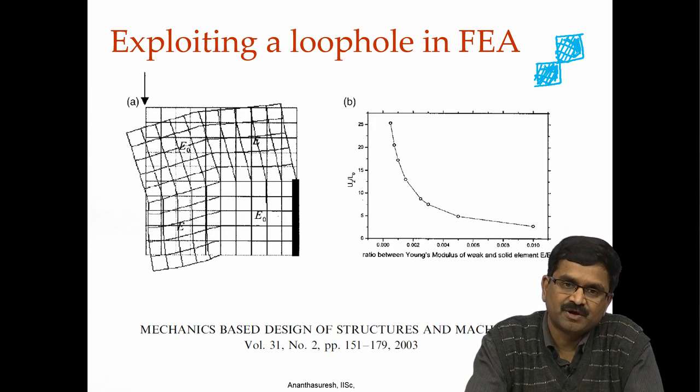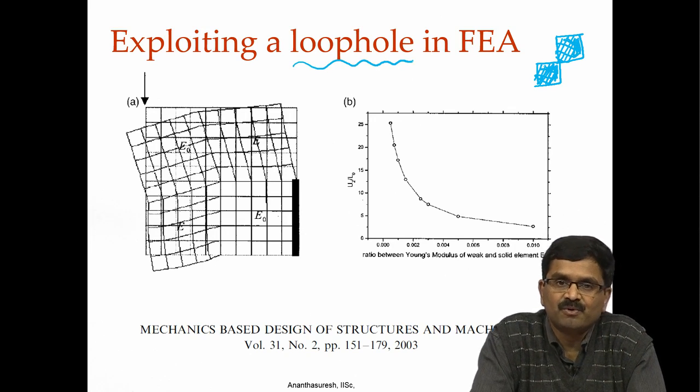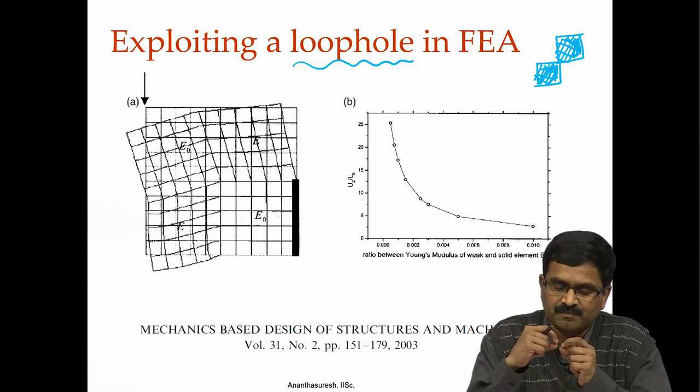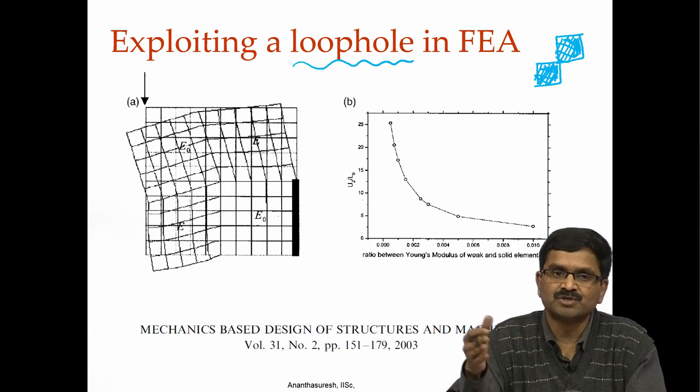Actually, it does not have any problem. It runs happily, but gives something that is not desirable. It is a loophole in finite element analysis of continuum structures. When two elements are joined at the corner, you do not get any error, the algorithm gets some result, and from finite element analysis it moves on.